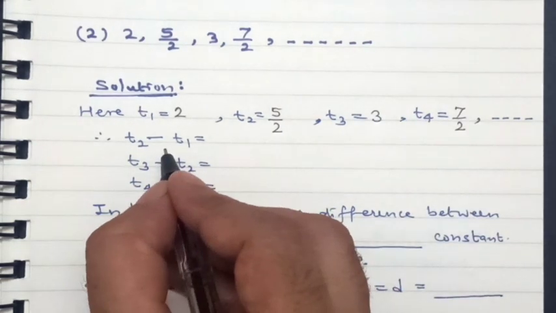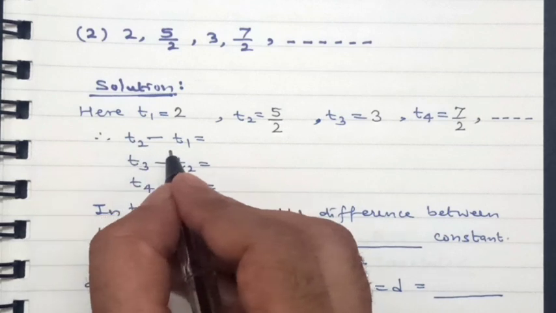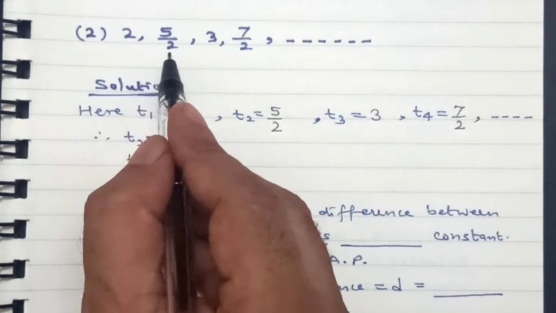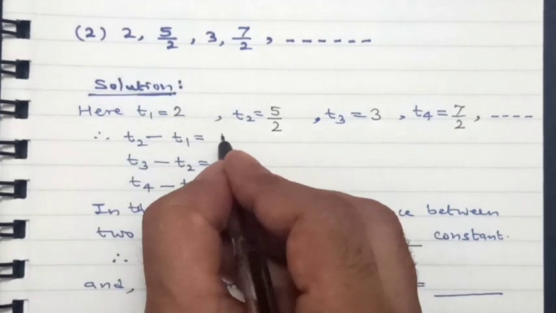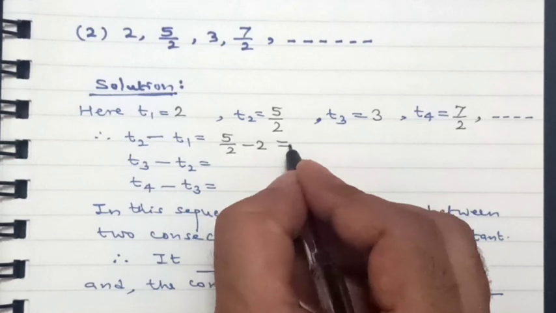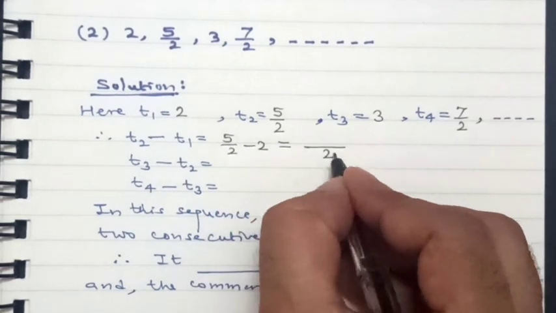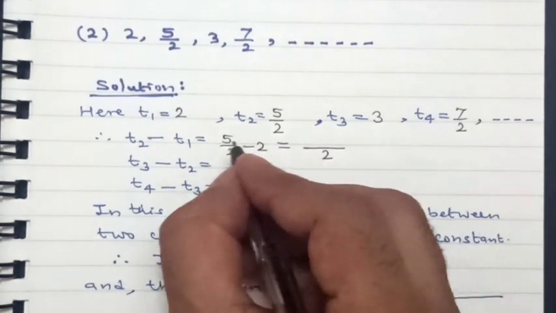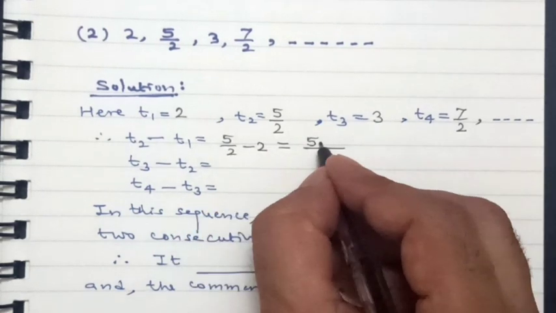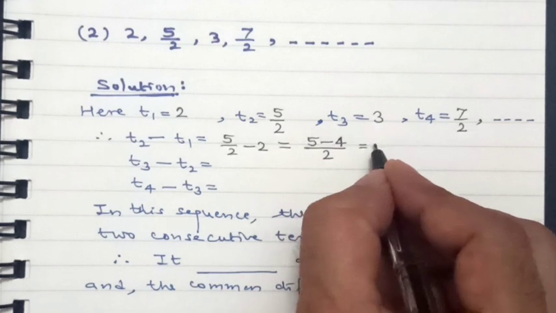Find the difference between two consecutive terms, that is T2 minus T1. So 5 by 2 minus 2. LCM is 2. 5 is here, so write 5. 2 2s are 4, so minus 4, which will give you 1 upon 2.